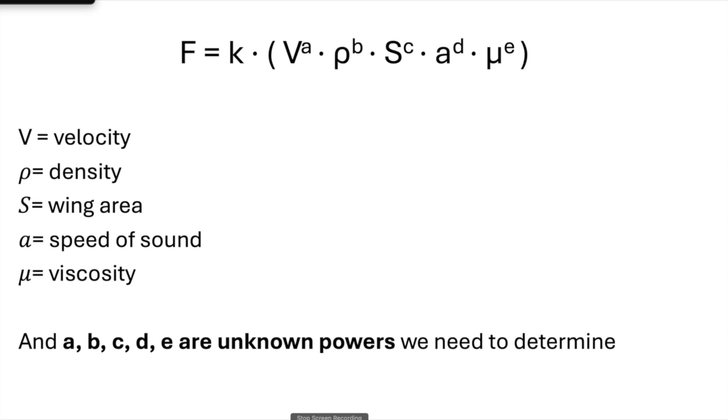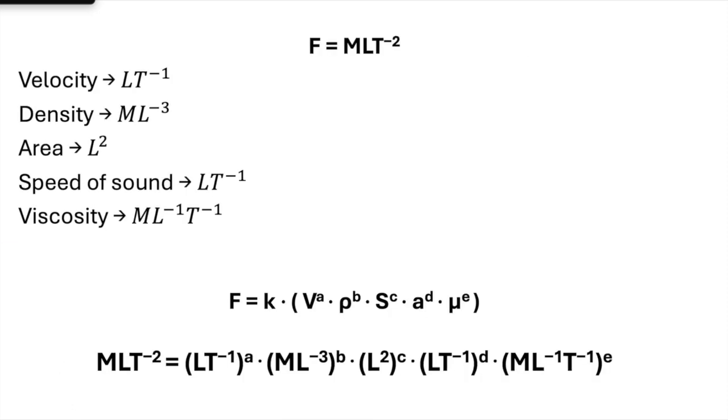But now in dimensional analysis, what we need to do is determine the unknown powers, which are A, B, C, D, and E. So now we will convert everything into MLT dimensions. As per the basics in physics, we know that velocity is the rate of change of displacement.